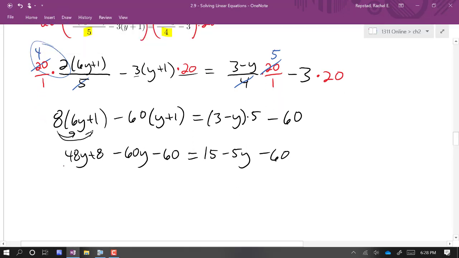Alright, so combining some like terms, 48y minus 60y, that is a negative 12y. And then 8 minus 60 is a negative 52. On the other side, I've got a negative 5y, and 15 minus 60 is negative 45.